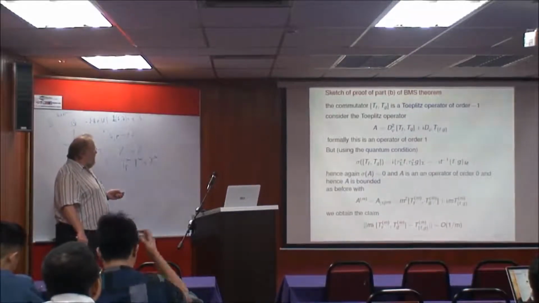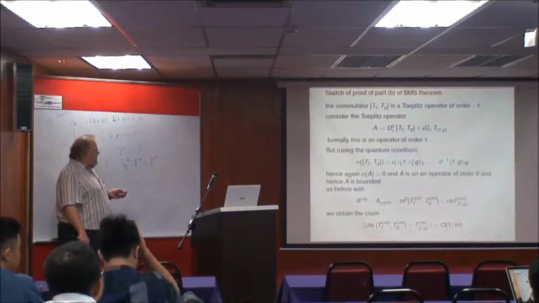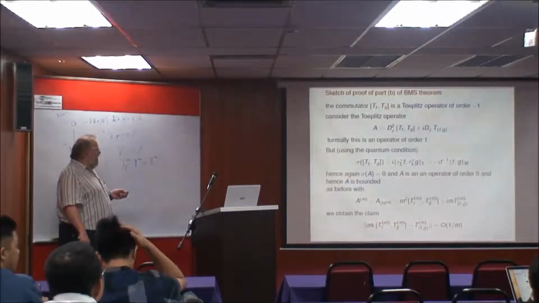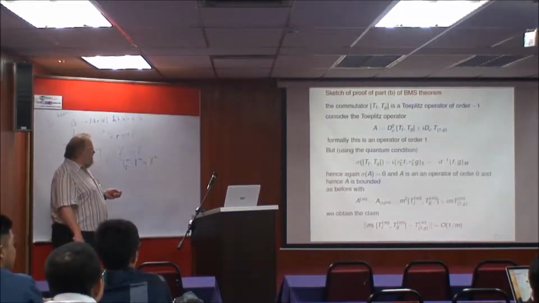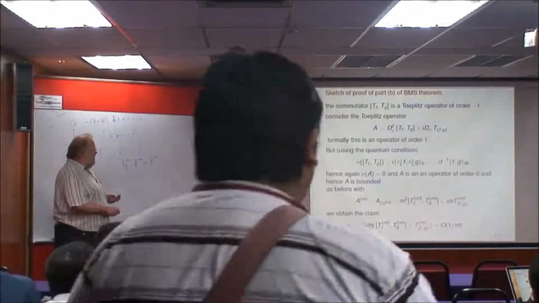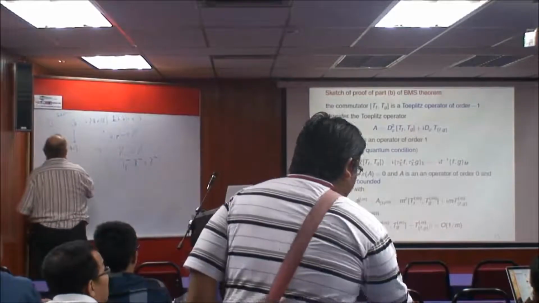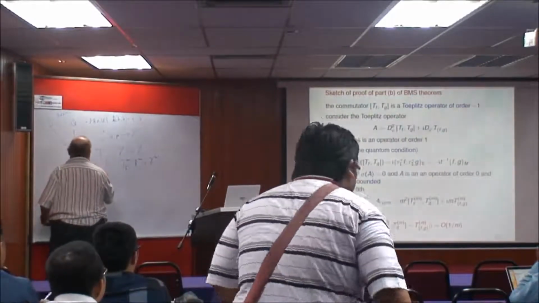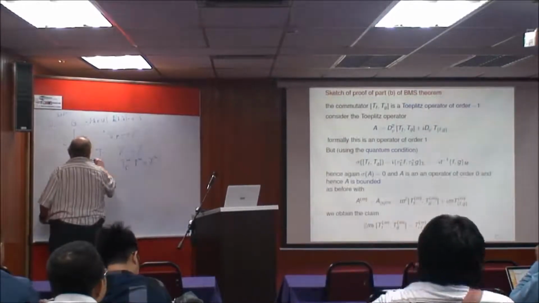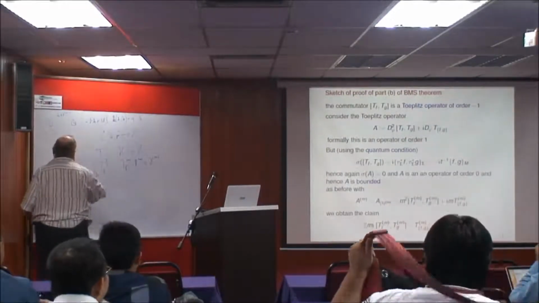But now let us look at a commutator. The terms are like for two differential operators. We have T_f times T_g minus T_g times T_f. Okay? Good.